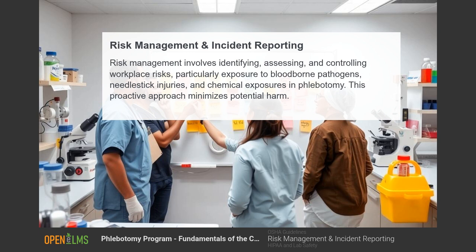Risk management involves identifying, assessing, and controlling workplace risks, particularly exposure to bloodborne pathogens and needle stick injuries.